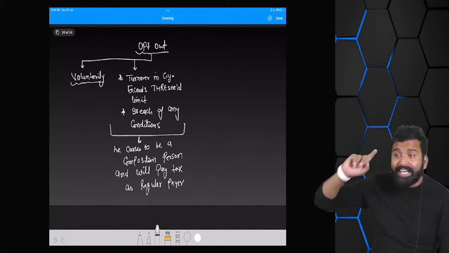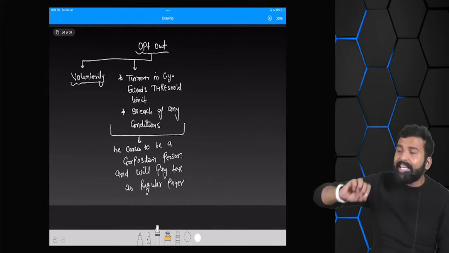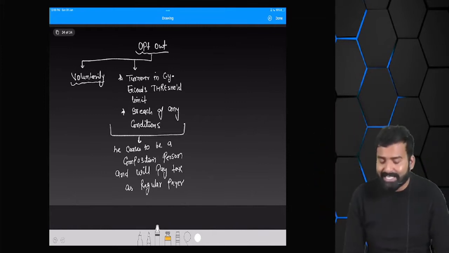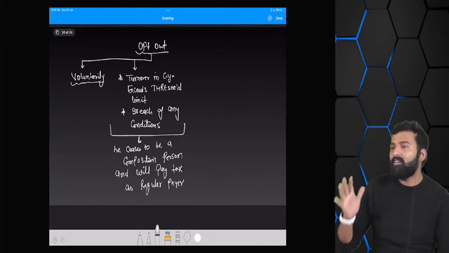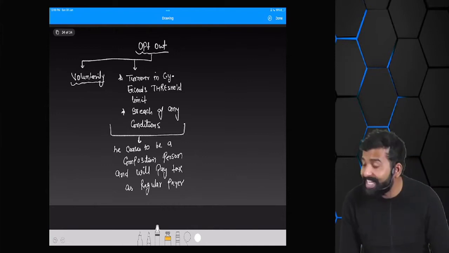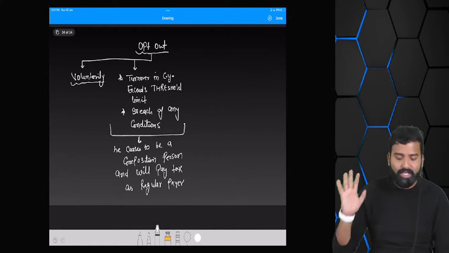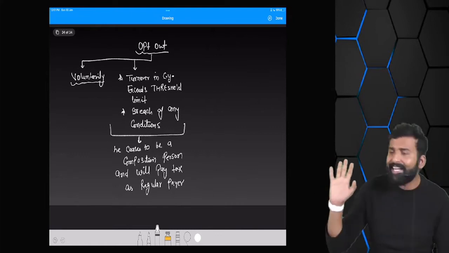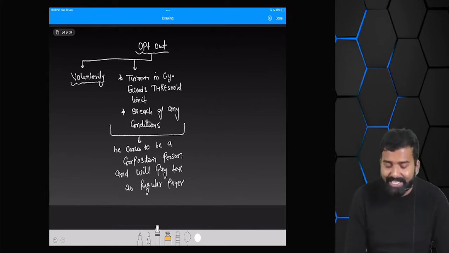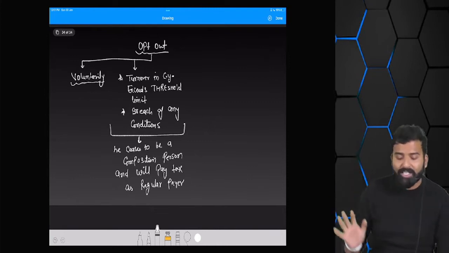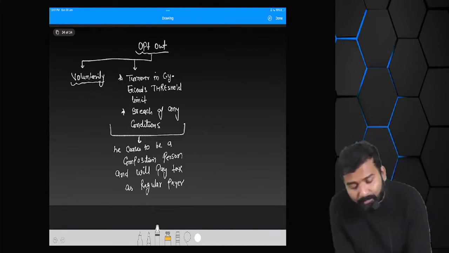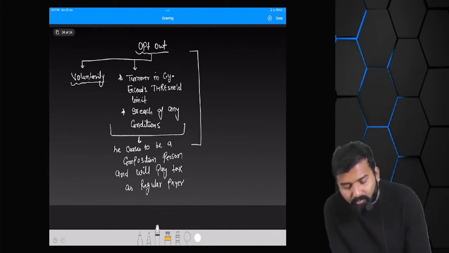He can voluntarily surrender anytime, or he has to surrender if his turnover is exceeding the threshold limit or if he is breaching any condition. Sir, if he is surrendering, what is the form?